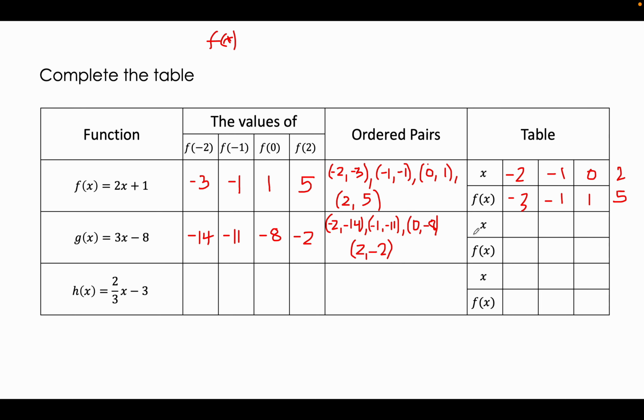For the x values we have negative 2, negative 1, 0, the same as before. Then for f of x, we have negative 14, negative 11, negative 8, and negative 2.